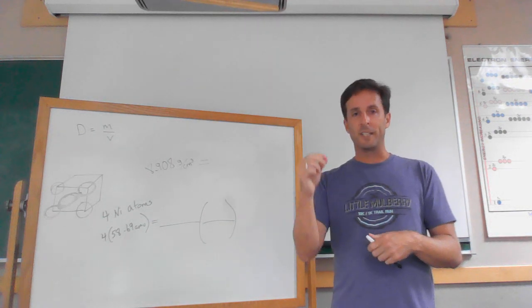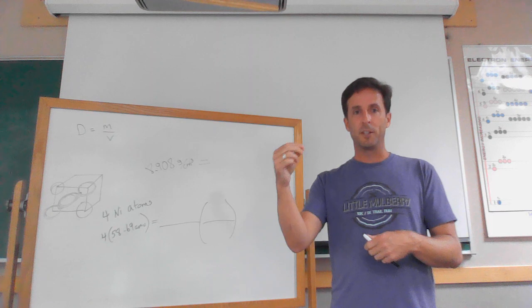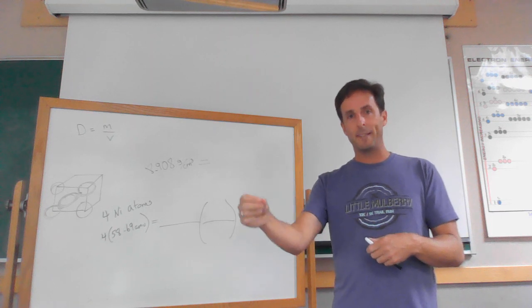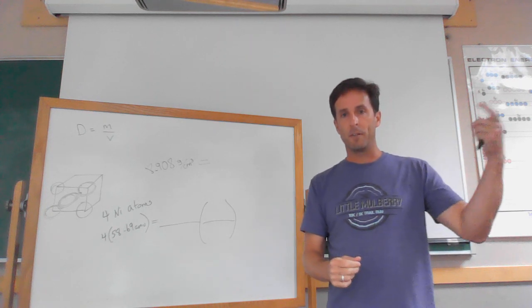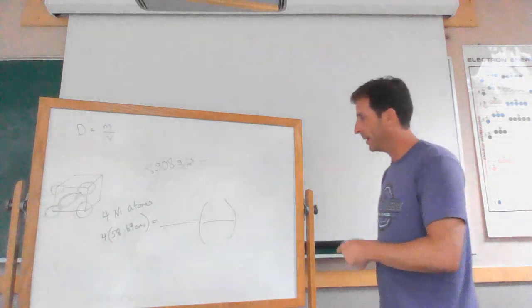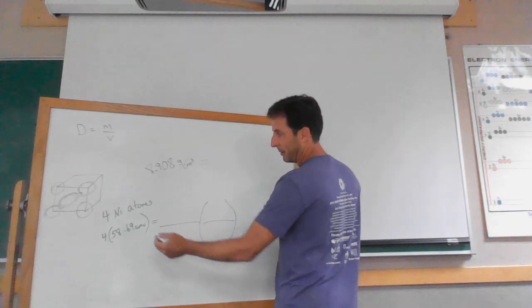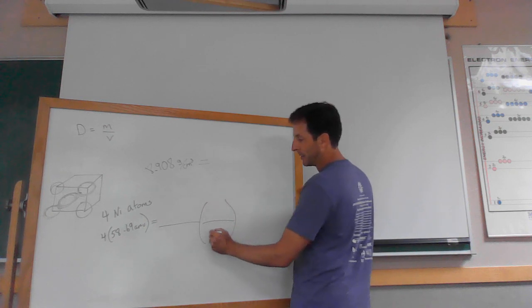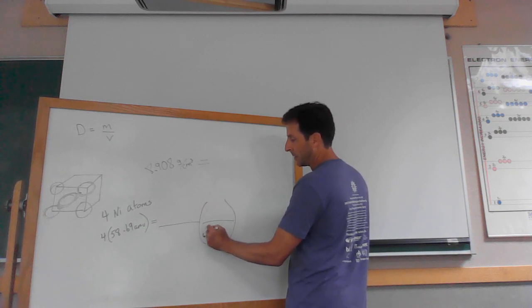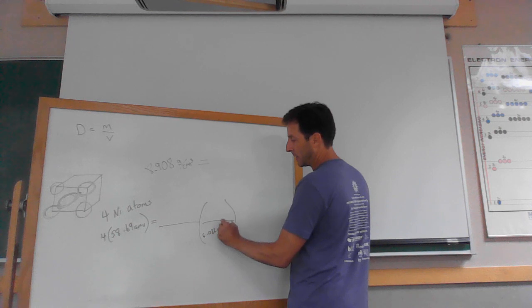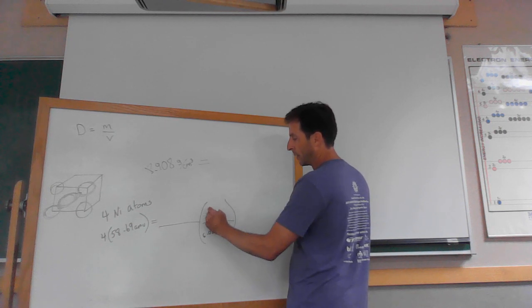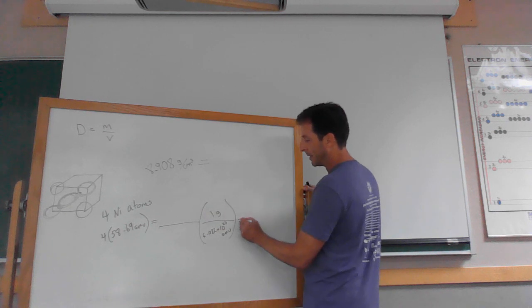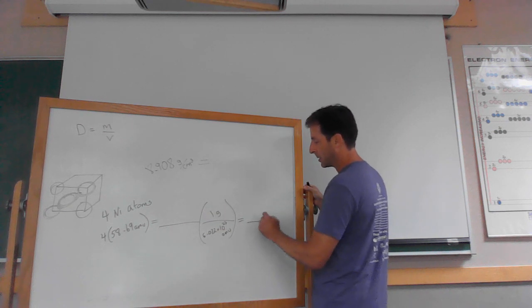Okay, there are 6.022 times 10 to the 23rd atomic mass units in 1 gram of a sample. Okay, so I'm going to get that first weight, 4 times 58.69. Then to convert AMUs to grams, it's going to be Avogadro's number, 6.022 times 10 to the 23rd AMUs to 1 gram. That's going to give me the grams of the sample.